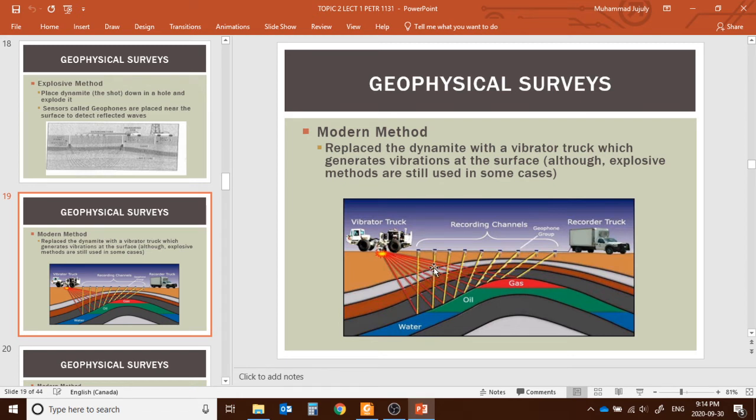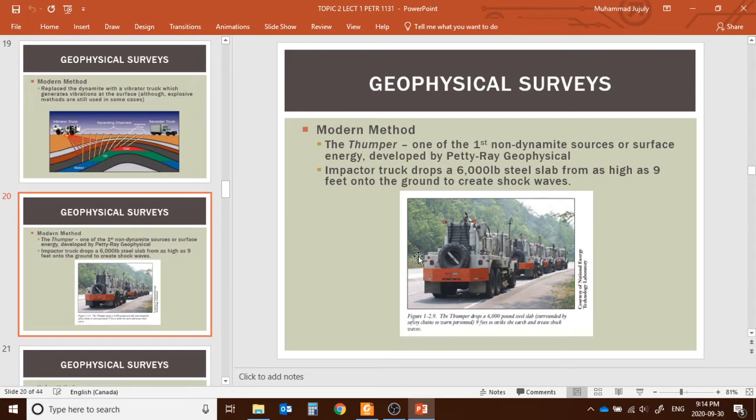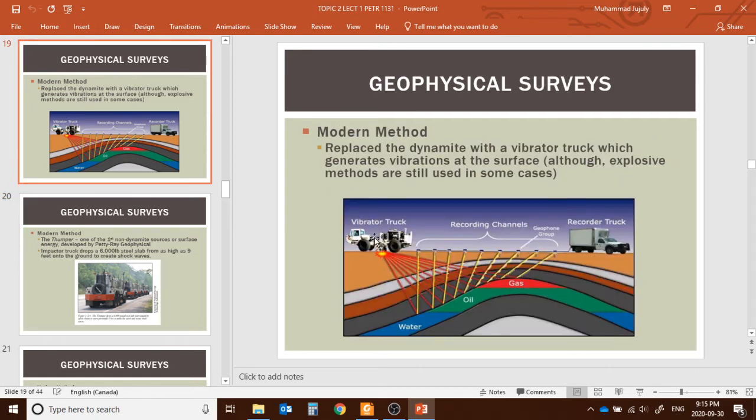Based on this density difference, we can understand what the signals mean. It's pretty much straightforward. These trucks, as you can see, are thumpers. These impactor trucks drop 6,000 pound steel slabs from as high as 9 feet to the ground to create the shock waves. This is how these shock waves are created.